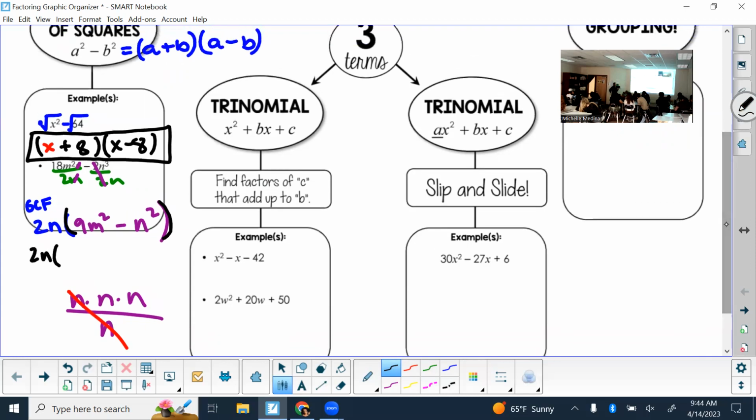So, I'm not calling on anyone in particular. Hayden, what is the square root of 9m squared? But the question was, what's the square root of 9m squared?